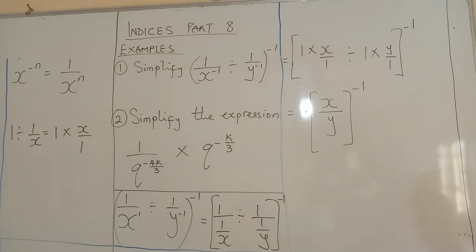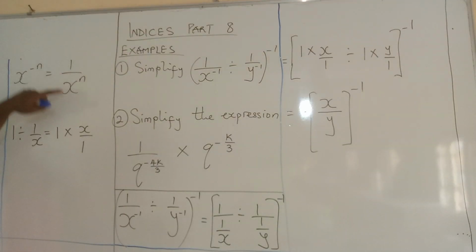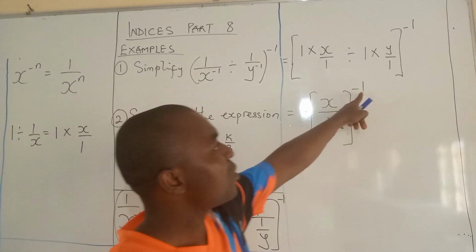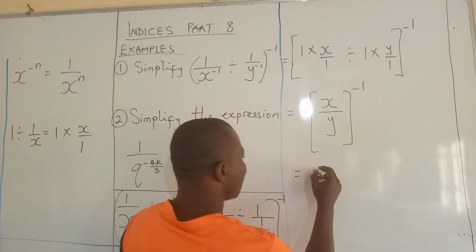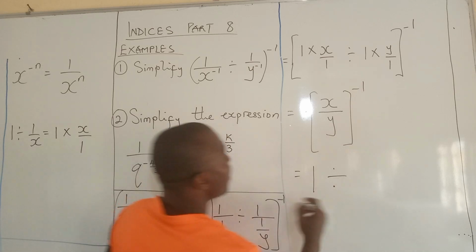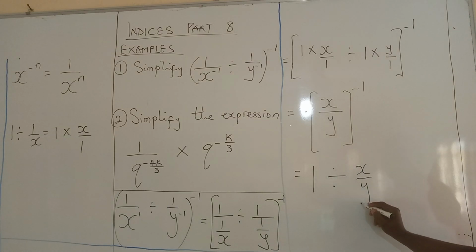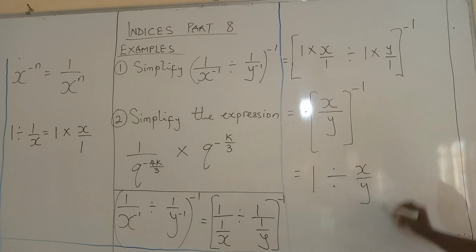Still from our knowledge of indices, a number raised to a negative power is equal to 1 over that number, the power becomes positive. So x over y raised to a negative power is the same thing as 1 divided by that number, and the power becomes positive, raised to power 1.